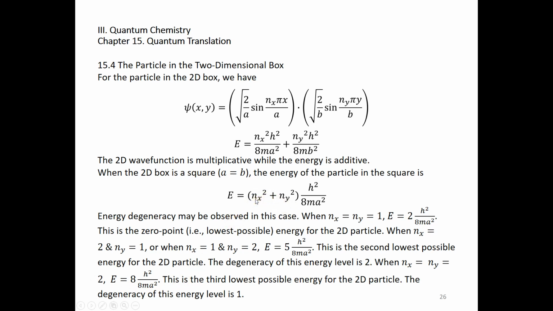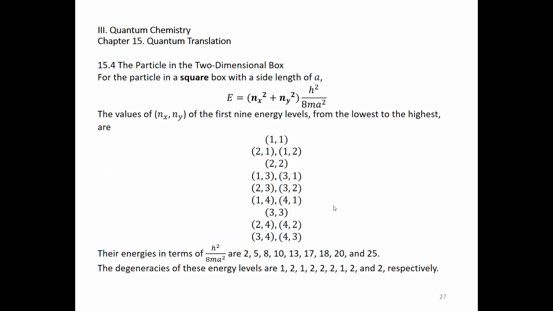So you have 3 squared plus 1 squared, or 1 squared plus 3 squared. You get 10h squared over 8ma squared with a degeneracy of 2. Because you can have two different sets of quantum numbers, 1, 3 or 3, 1.